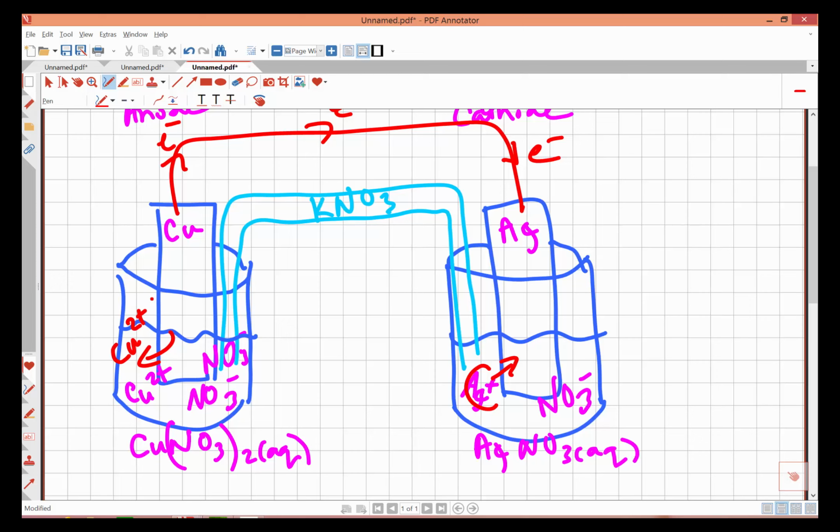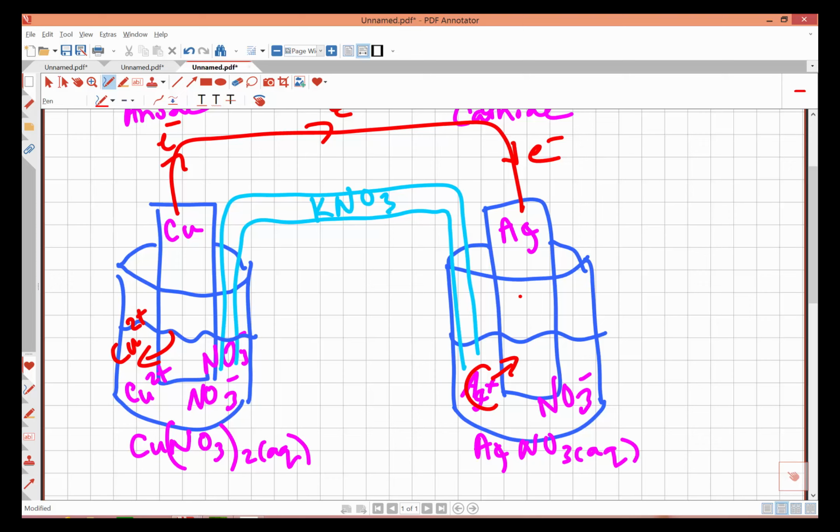So here's where you can see the potential for trouble, right? Because as copper continues to give electrons and add copper ions to the solution, this is going to become full of positive ions and become excessively positive. And over here, as the silver takes electrons and pulls ions out of the solution, it's going to leave a whole lot of nitrates and leave this solution excessively negative.